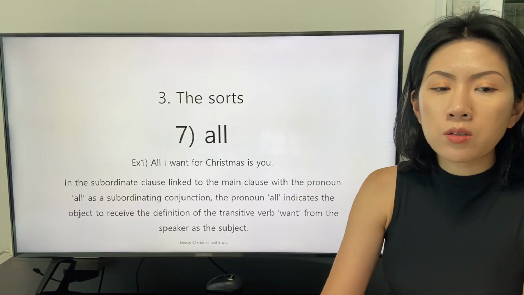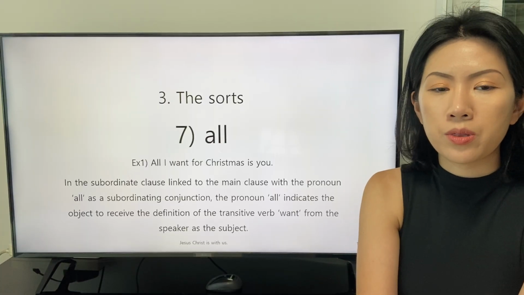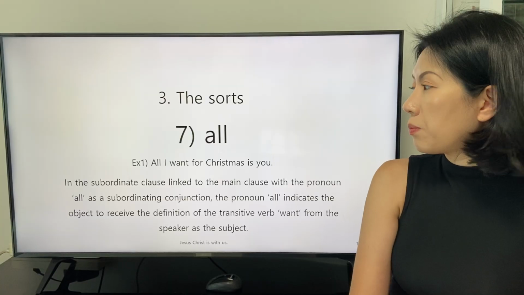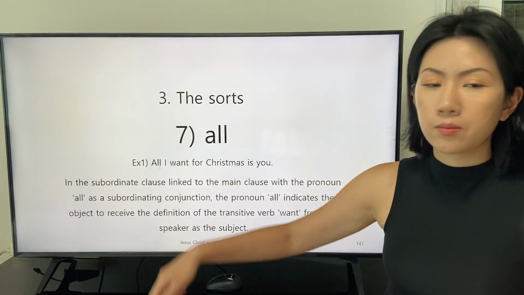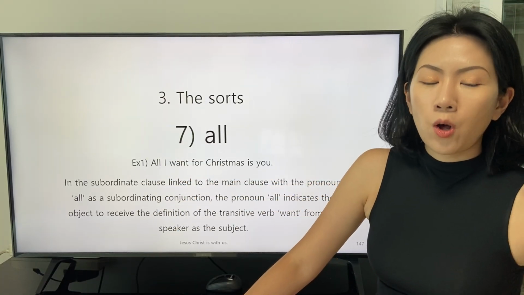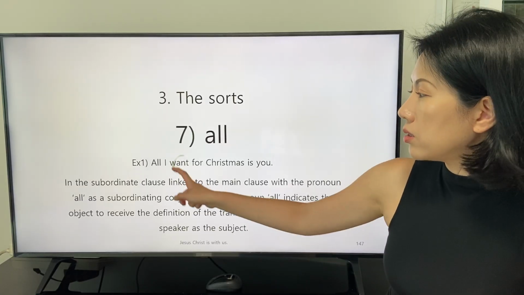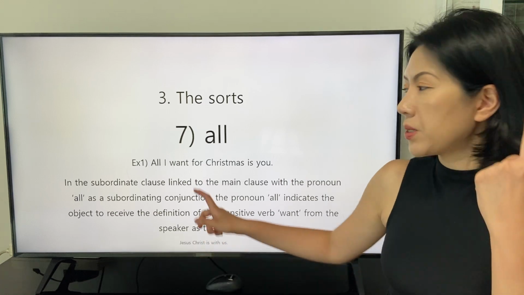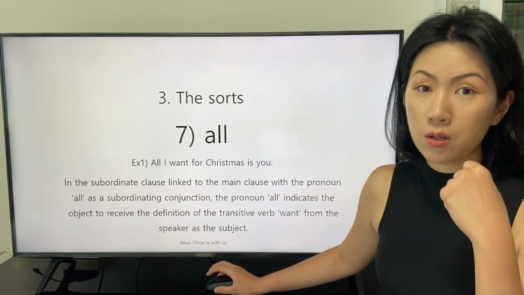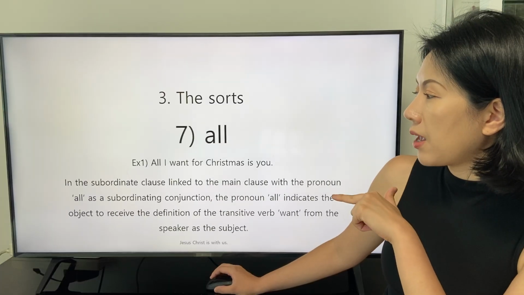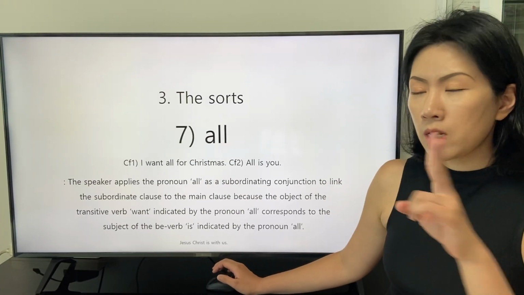In the subordinate clause, the pronoun all indicates the object to receive the definition of the transitive verb want from the speaker as the subject in the subordinate clause.